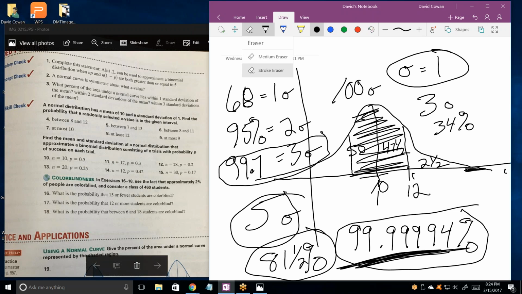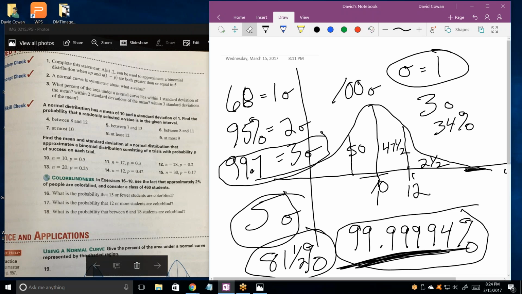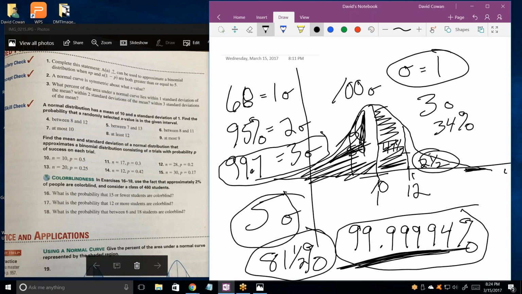I'm only going to the right to get to 12. So that's got to be half of 95%, plus this whole entire area is 50%, which only leaves 2.5% available. All right. At most 9.